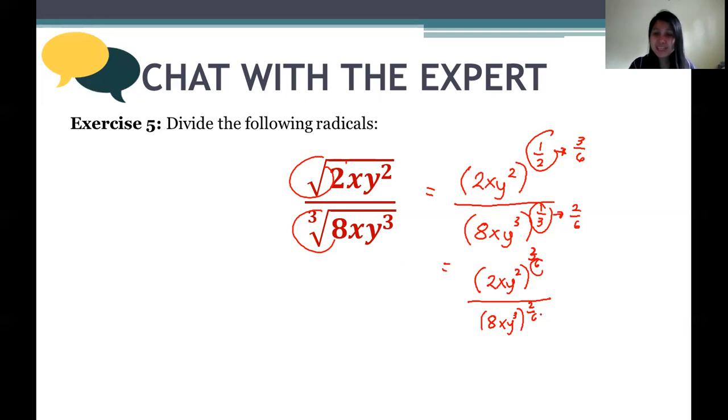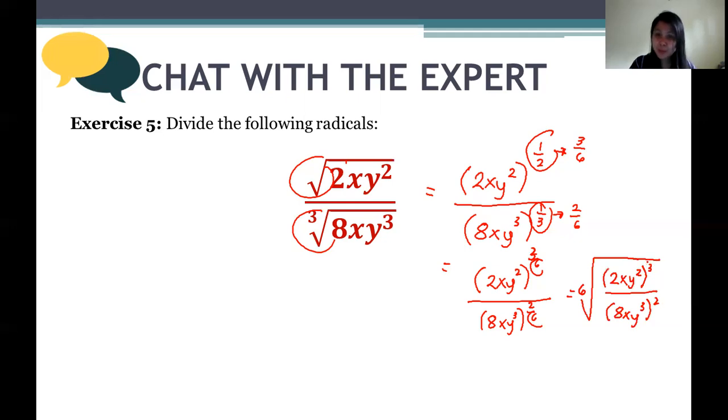Same denominators, so we can write them into one radical, the 6th root. The first one is 2xy squared to the power of 3. The denominator is 8xy cubed to the power of 2.